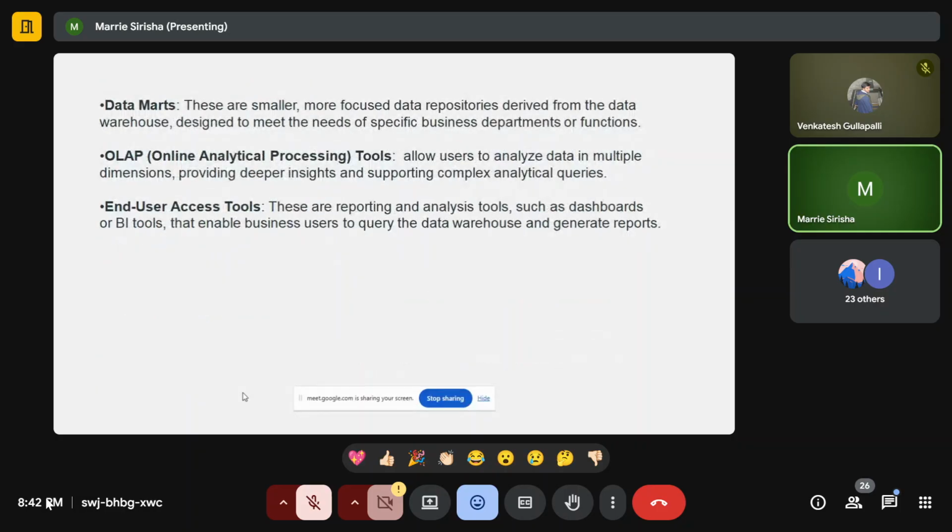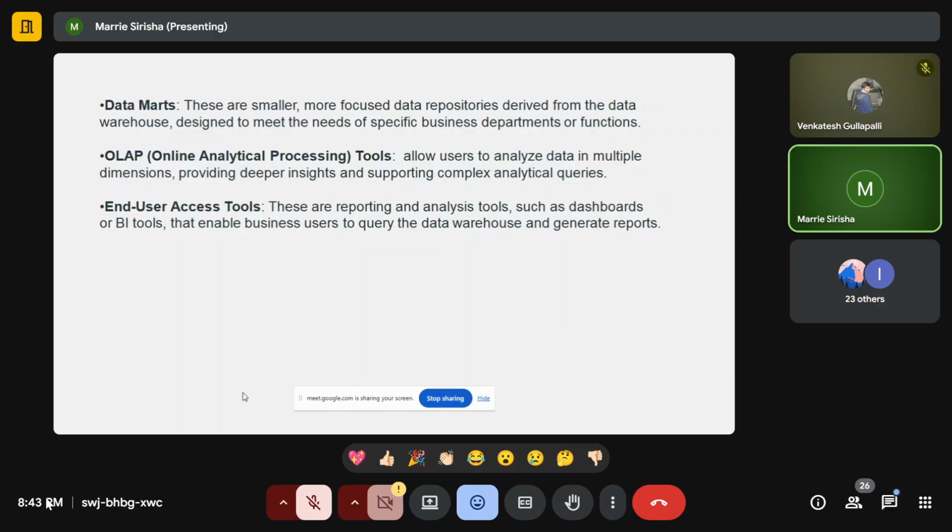Next, data marts. What are data marts? They are smaller and more focused data repositories derived from the data warehouse, designed to meet the needs of specific business departments or functions.